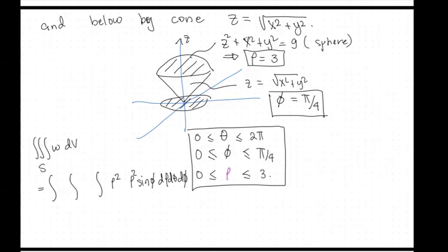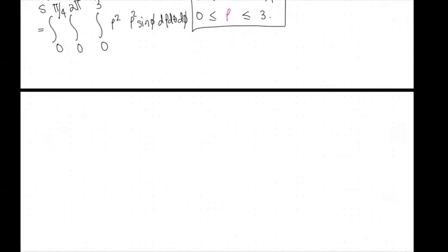For rho, we get 0 to 3, then here we get 0 to 2 pi, and then 0 to pi over 4.